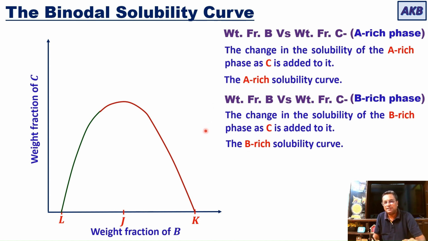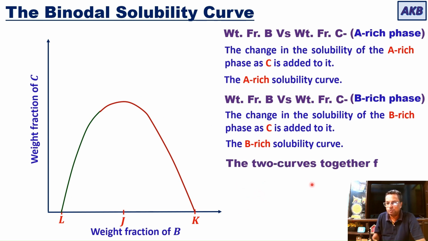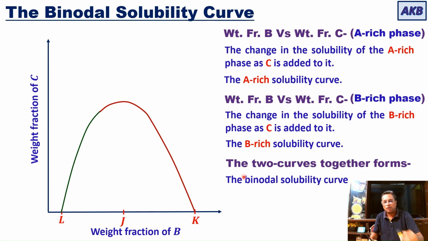In this way, we have plotted the binodal solubility curve on a rectangular graph. The A rich solubility curve and B rich solubility curve together form the binodal solubility curve.